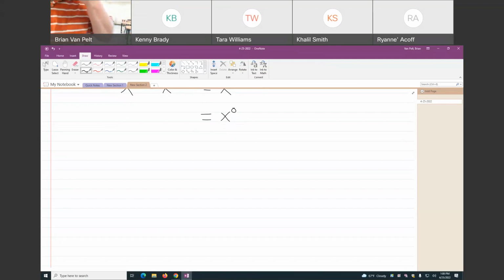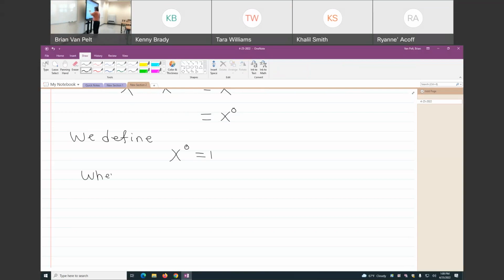It's given as a definition. All right. This is the definition. It's not a big deal.